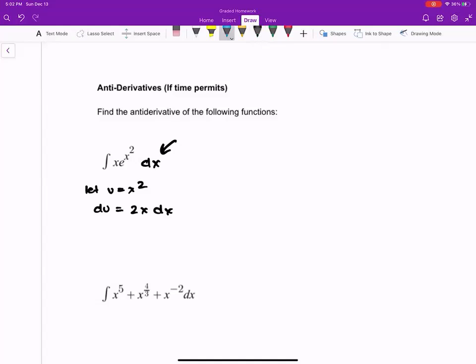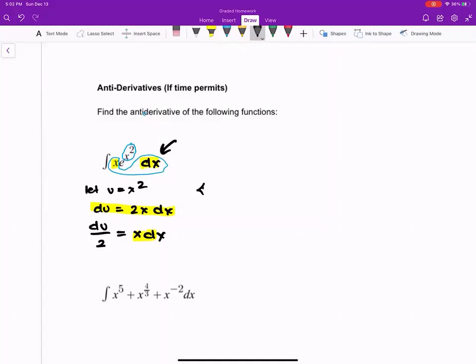So here you can see there's a way to get x dx. Let's isolate for x dx. We can divide both sides by 2, so x dx equals du over 2. You can replace x dx by du over 2, and replace x squared by u.